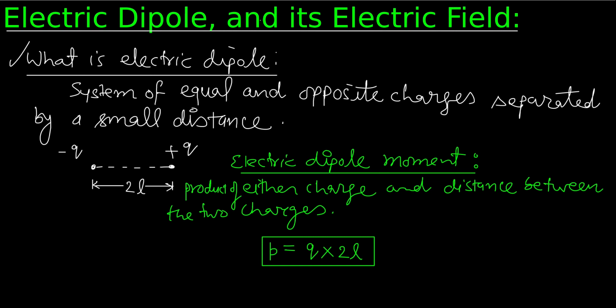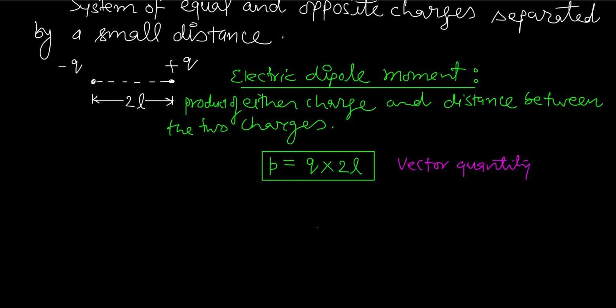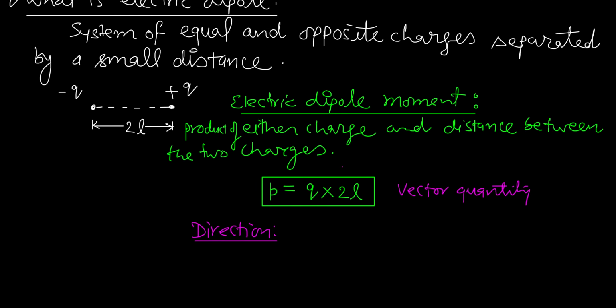And one very important thing is that this is a vector quantity. Every vector quantity has a direction. So what is the direction of this electric dipole moment? Its direction is opposite to the direction of electric field, because the electric field direction for an electric dipole or any system of charges is always directed from plus q to minus q charge.